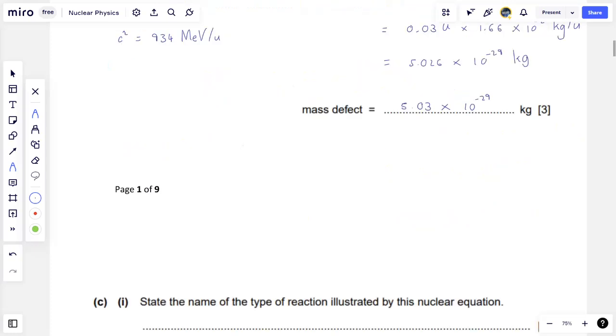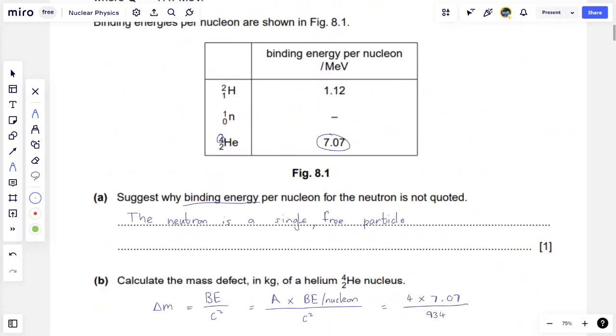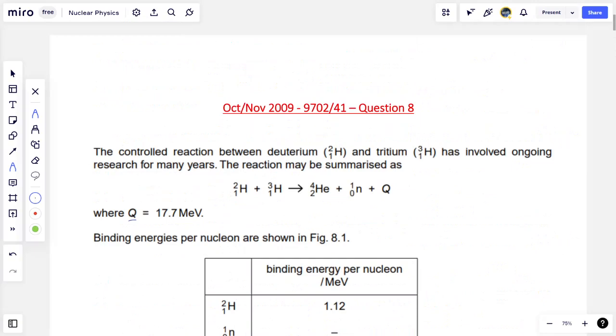details. Next part of the question, part C, says state the name of the type of reaction that is illustrated by this equation. Let's go back and look at this. This is the equation.